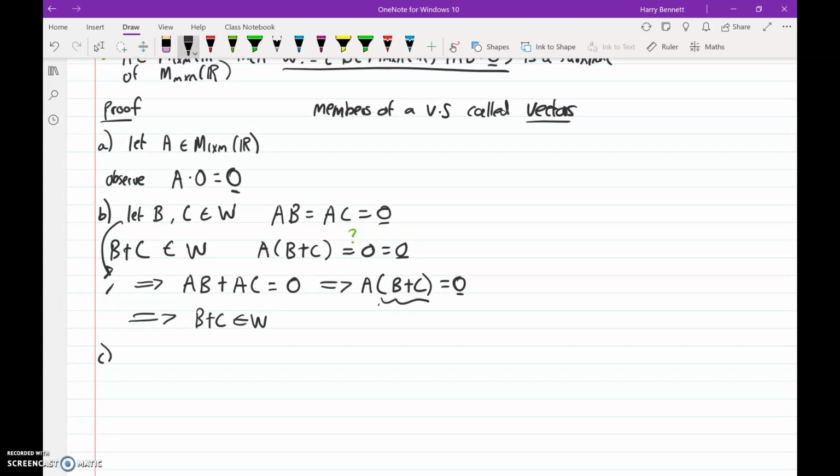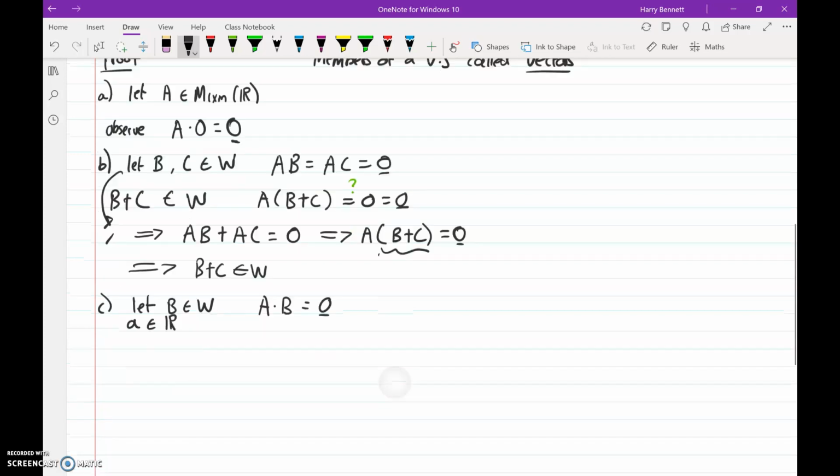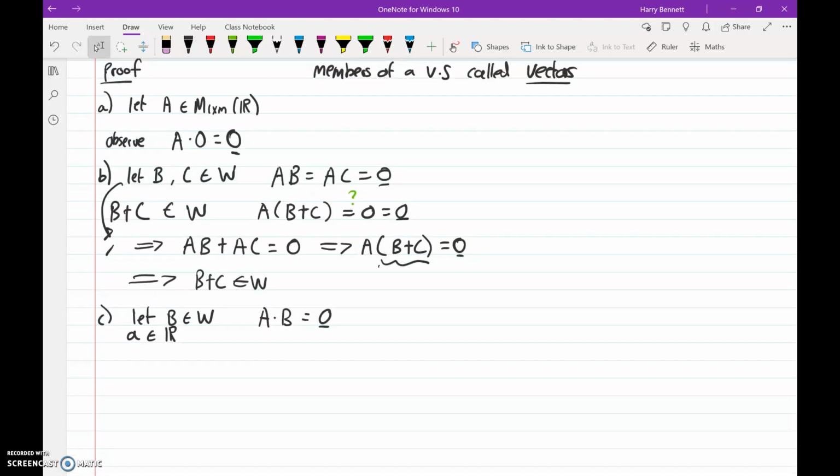Finally, if we let B be an element of W, and we let A be an element of F, which is the real numbers, because it's the matrix over the real numbers, then we know that A times B is equal to 0. But the zero matrix times any scalar is also 0, because the zero matrix is formed of just zeros in every position.